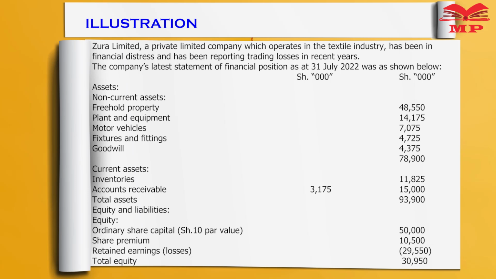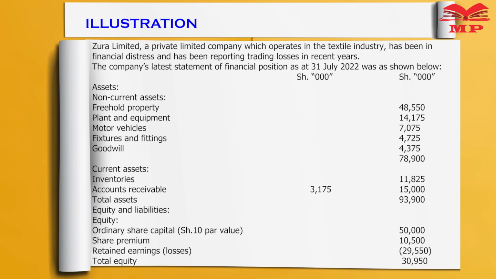We are told Zura Limited, a private limited company which operates in the textile industry, has been in financial distress and has been reporting trading losses in recent years. The company's latest statement of financial position as at 31st of July 2022 is shown below. Non-current assets include freehold property, plant and equipment, motor vehicles, fixtures and fittings, goodwill.